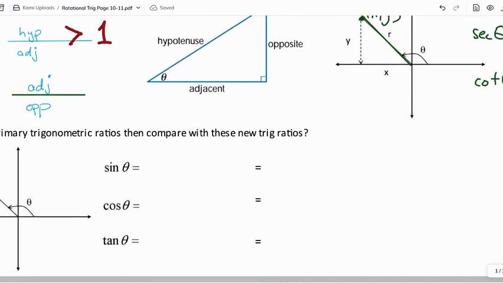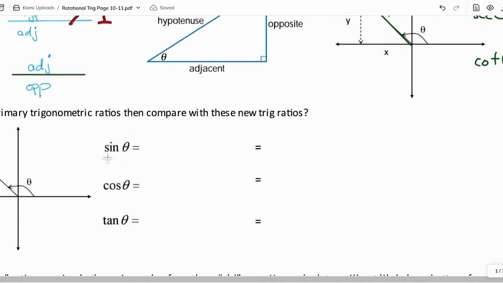Okay, let's make a little summary here. So what we're saying is that sine theta is the same as 1 over cosecant theta. Cosine theta is the same as the reciprocal of secant theta. And tan theta is the reciprocal of cotangent theta. Likewise, let's write the opposite.